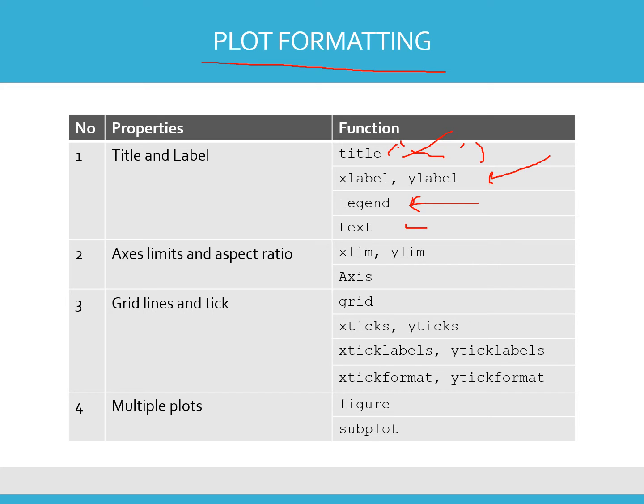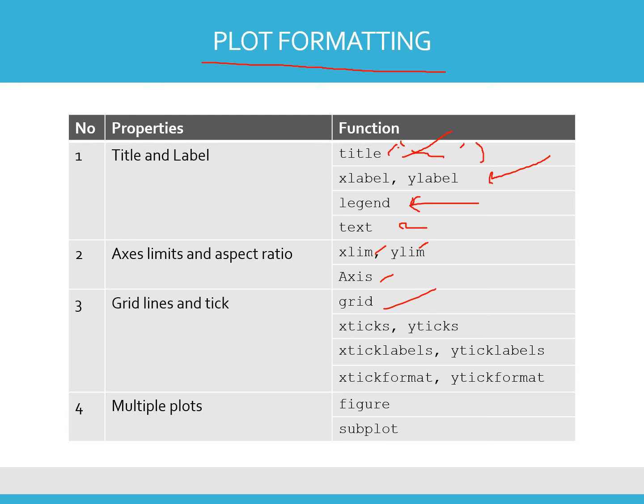You can add text, which is just some text inside the plot. xlim and ylim set the limits. For example, if the data you plot is very large, you want to zoom in at a certain X axis range, so you use xlim and ylim. Axis is the same thing, except it covers both X and Y axis.